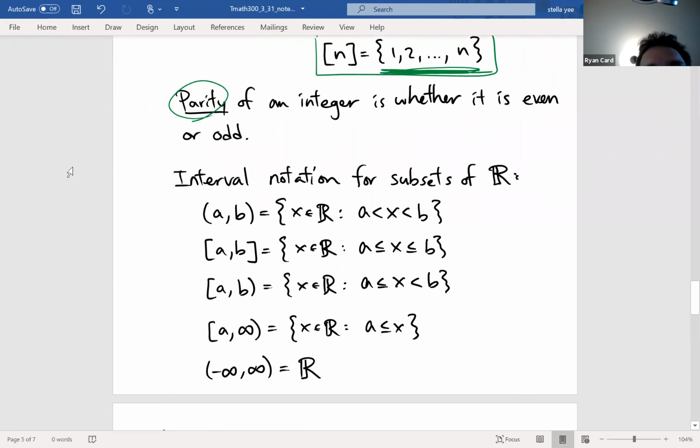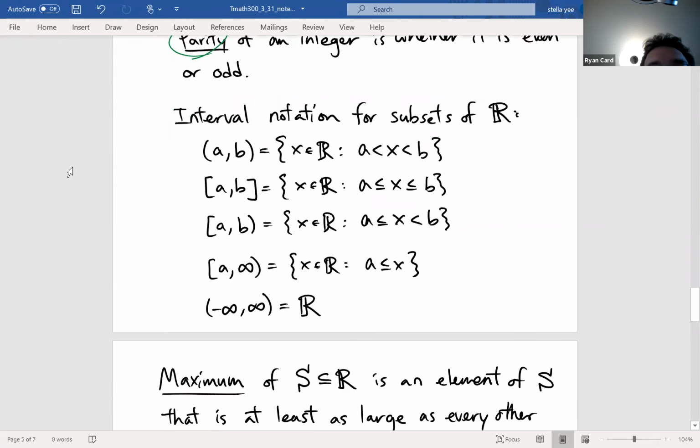Okay. And I hope you've seen interval notation for subsets of real numbers. If I use rounded parentheses, this talks about all of the real numbers strictly between two numbers, a and b, not including the endpoints.